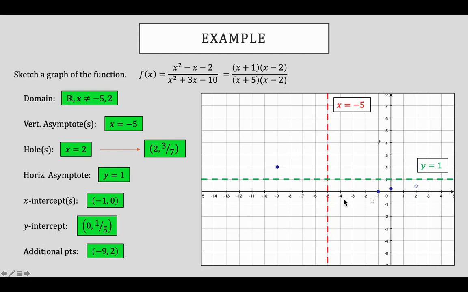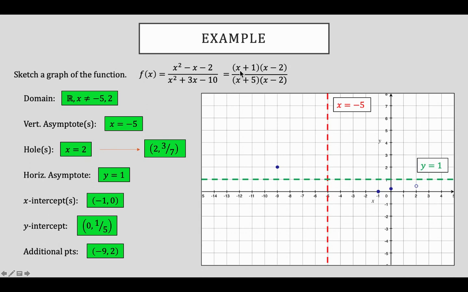Now, I need to plot another point between this vertical asymptote and my 0 at -1. So I could plug in any value of x between -1 and -5. I'm going to plug in -4. And again, it's easiest to do that in the simplified form of our function. So don't worry about these common factors here.